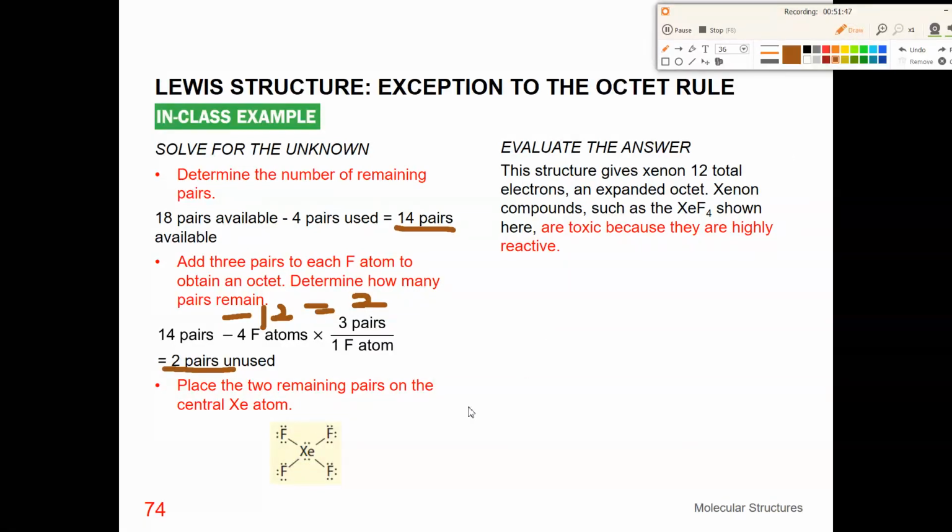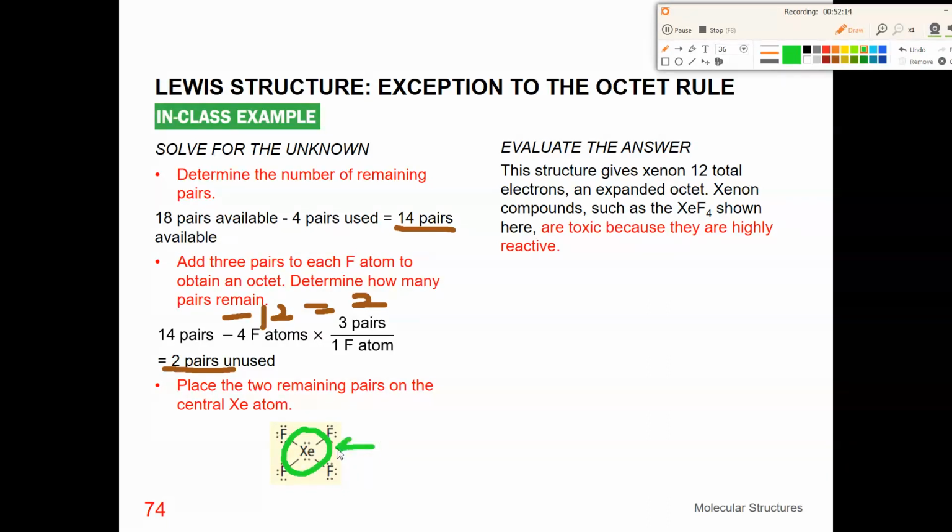Then we check the octet for the terminal atoms first. All the fluorines have 8 electrons, so fluorine is good. However, in this case, because we have an exception, the expanded octet, xenon is not 8, it's more than 8. It's 2, 4, 6, 8, 10, 12.